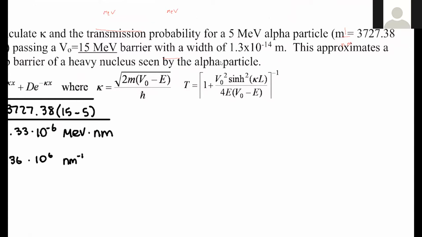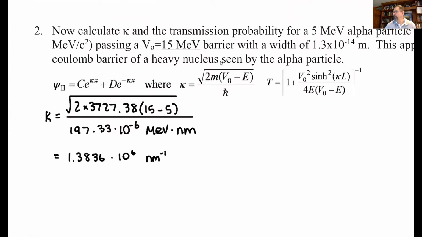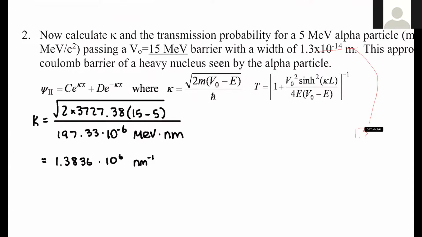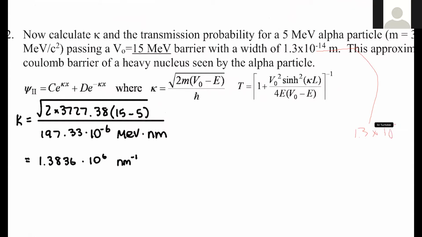I just added the exponents in my head there. Minus 5th plus minus 9 is minus 14, right? Oh, I see what you mean. That way you convert everything into nanometers since you're already there.